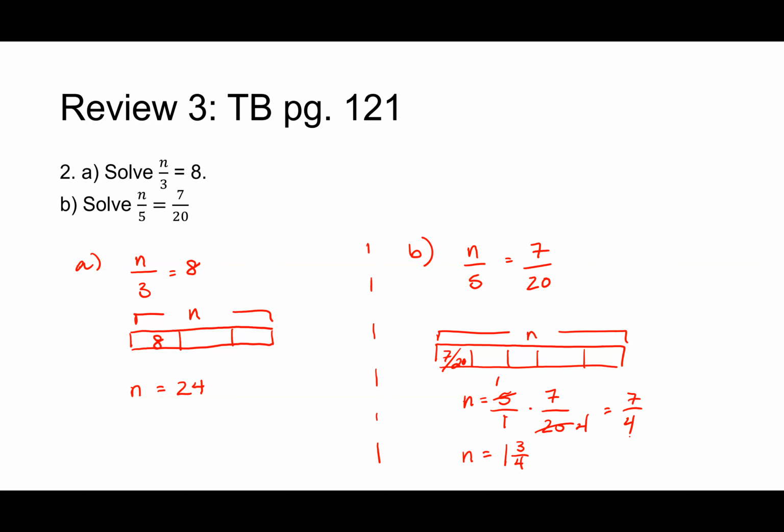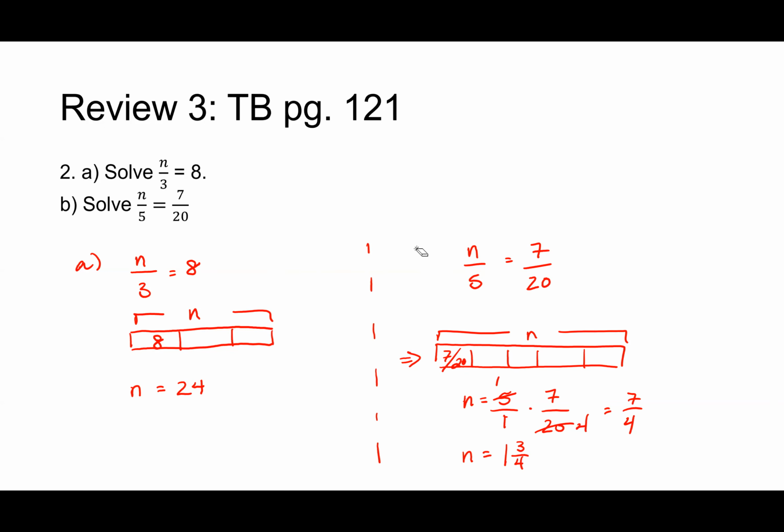So on a problem like this, n over 5 equals 7/20, the answer wasn't immediately obvious to you. Like over here, when you did n divided by 3 equals 8, you're like, well, obviously n equals 24 because I'm gonna have to multiply by 3. That's why I made you bar model it, because this way you can see, right here in this step, I need to multiply 7/20 by 5.